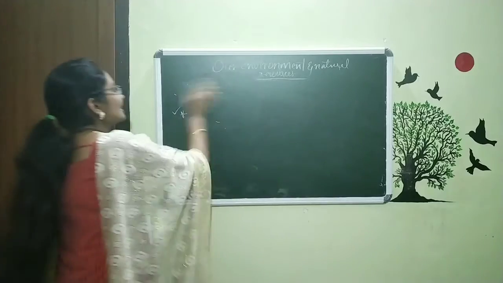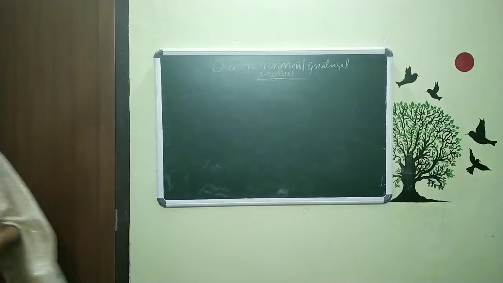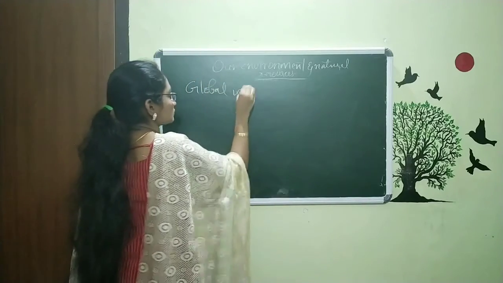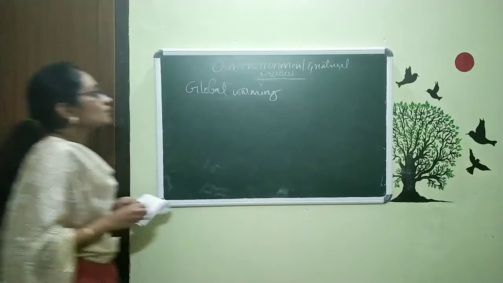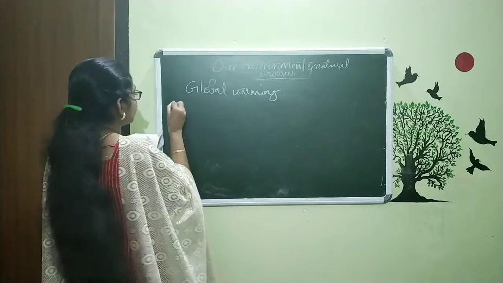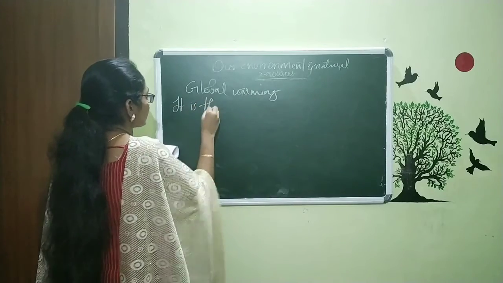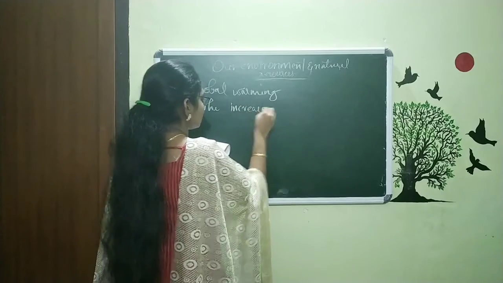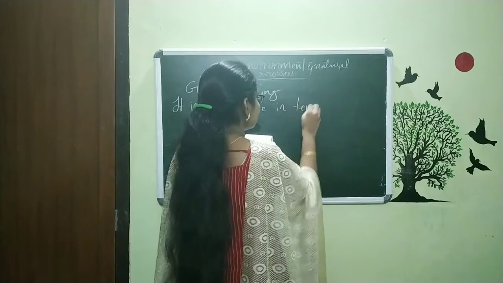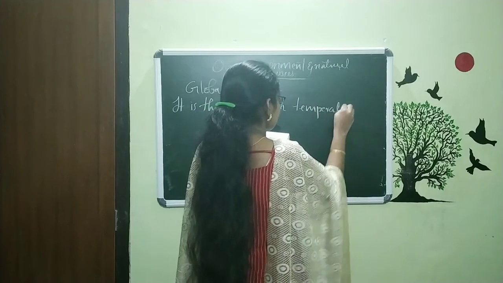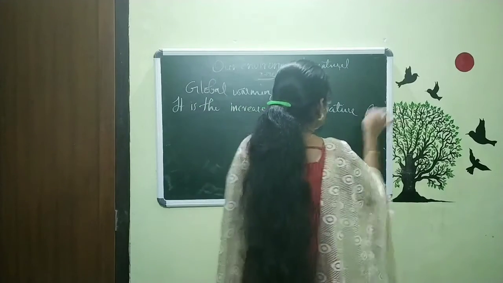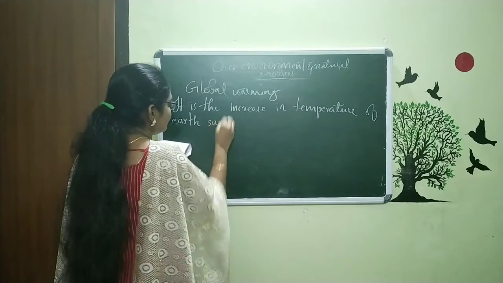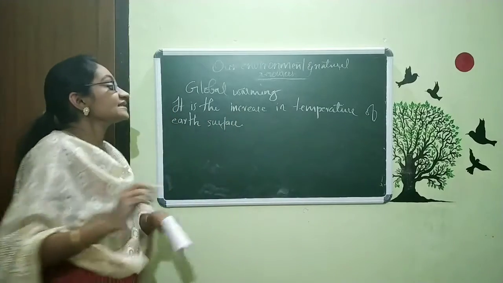Now we are going to study the definition for global warming. It is the increase in temperature of Earth's surface.